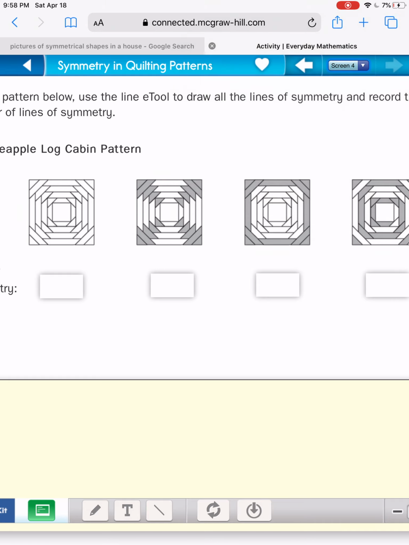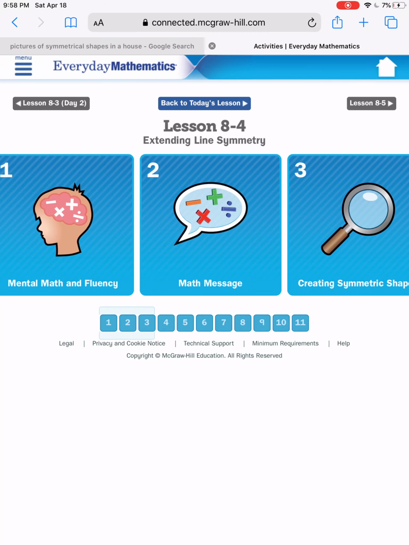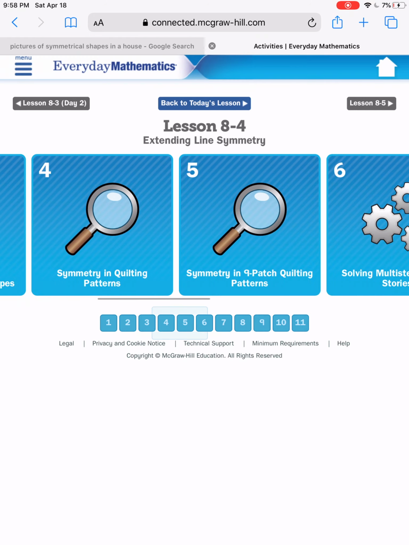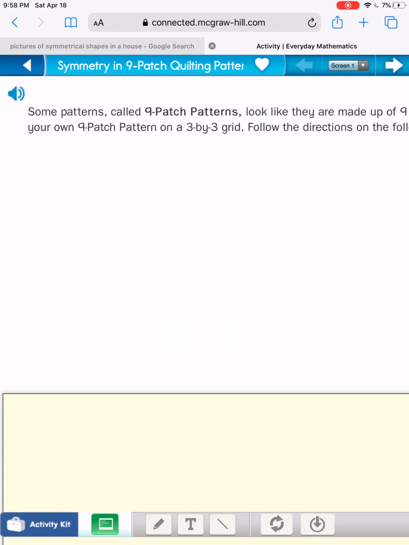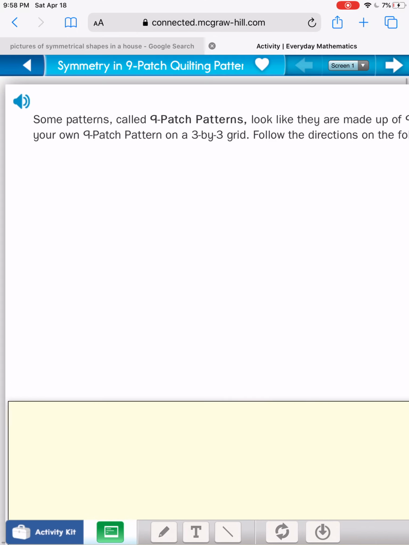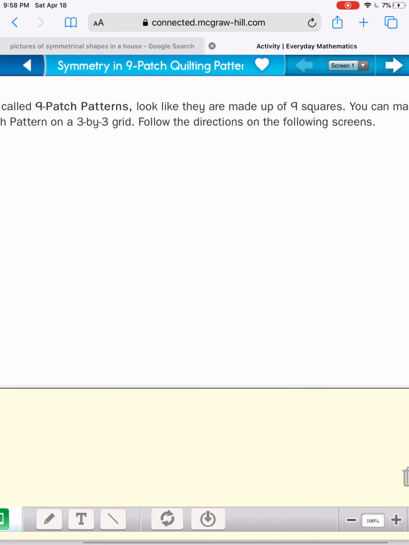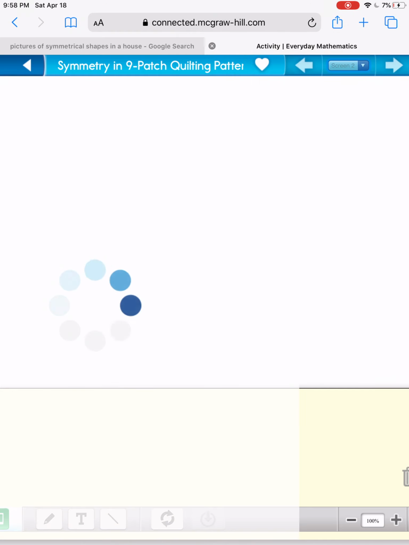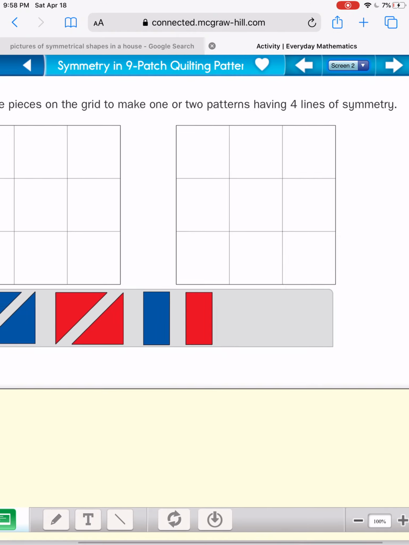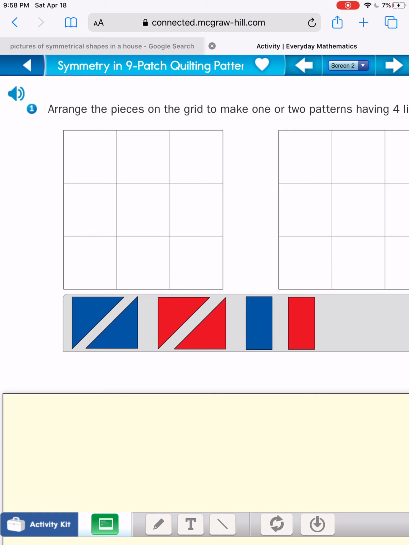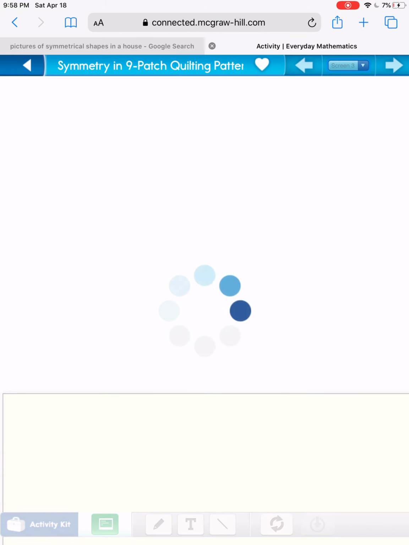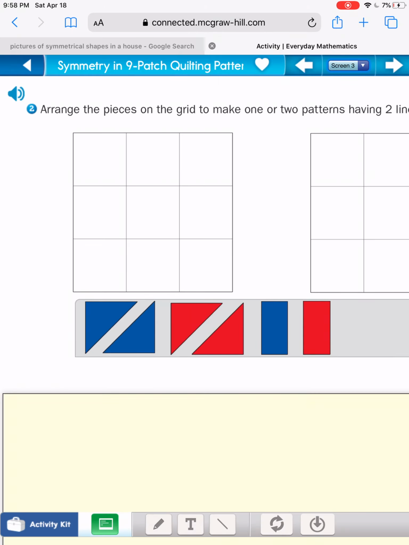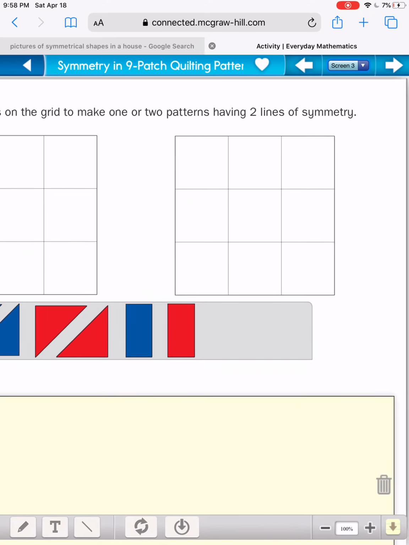Okay, then when you are finished with those questions, you can try something called a 9-patch pattern. And it looks like it's made up of 9 squares, so it's a little bit harder. But this is interactive, so you can actually move the tiles around and arrange them to make a pattern that has 2 lines of symmetry.